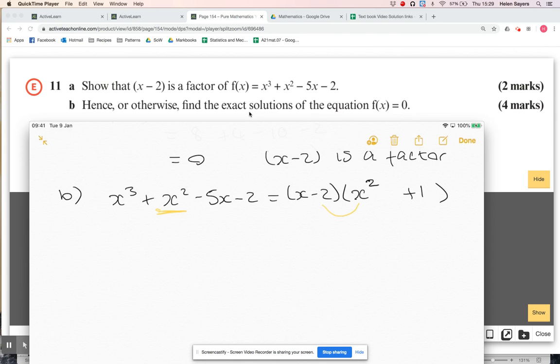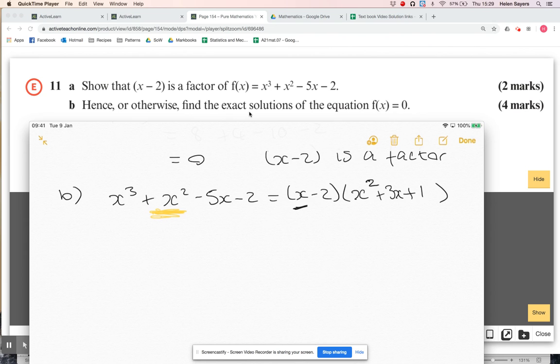Well, it would come from the minus 2 times the x squared, so minus 2x squared, and then the x times the missing x term there. And together, they need to give me x squared. So I'm going to need another 3x squared, because minus 2x squared plus 3x squared would give me x squared. So how am I going to get that? Well, that's going to come from x times 3x.